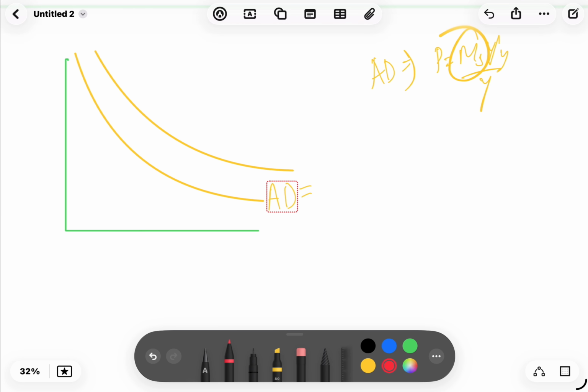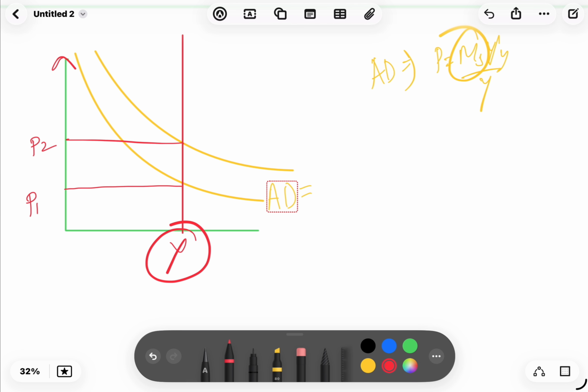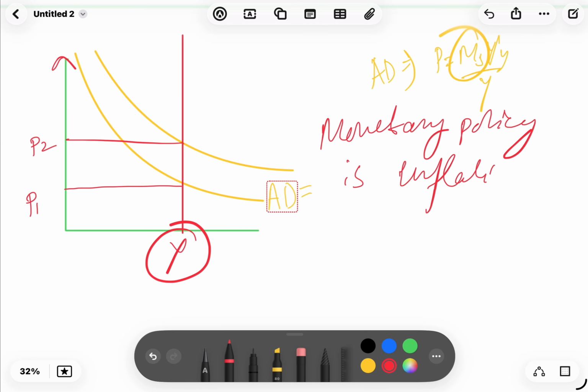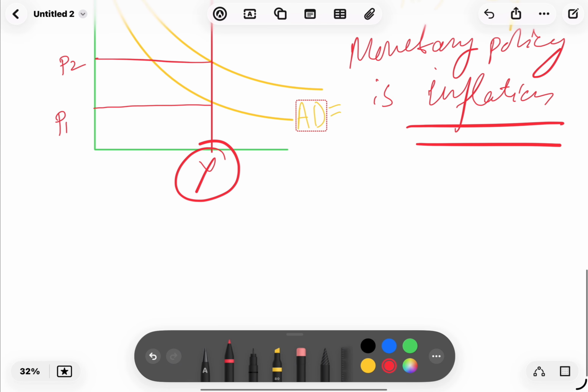But since in a classical model we just have a vertical supply curve, that will lead us to the monetary policy being purely inflationary in nature. That is, only the price will change, and there will be no change in the output. So monetary policy is inflationary.